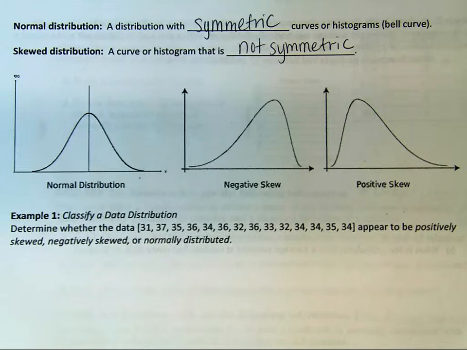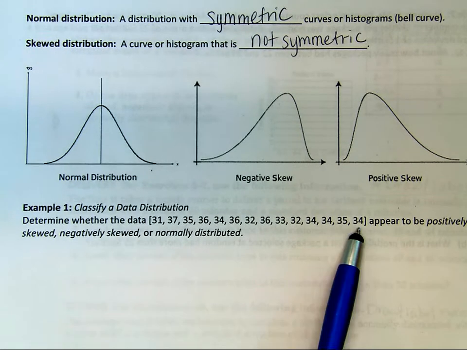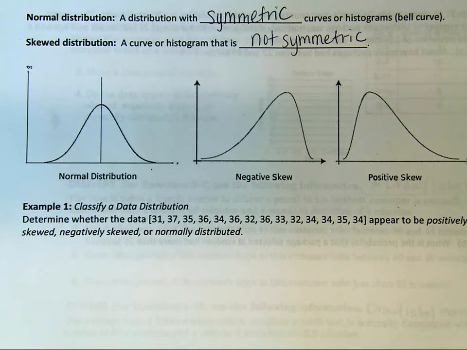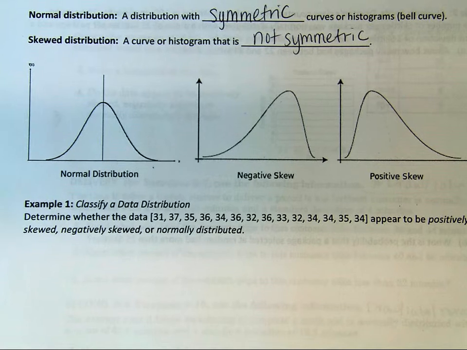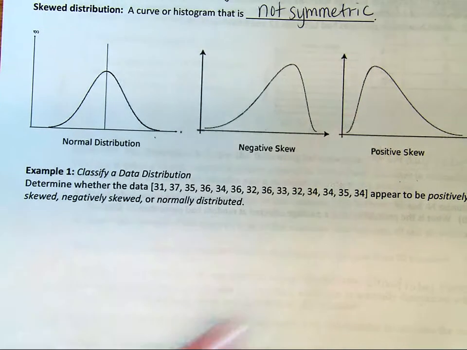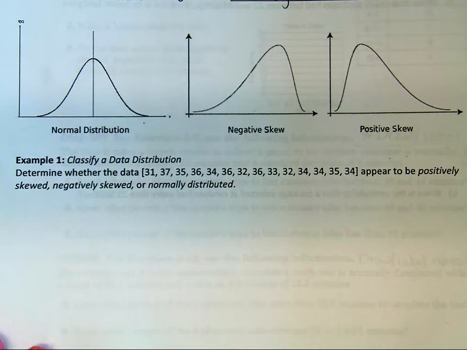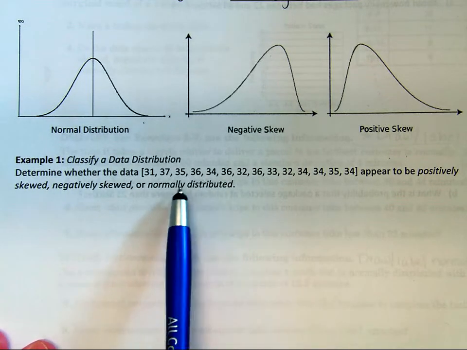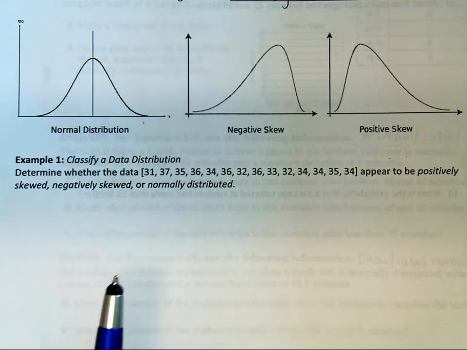So example 1 says, determine whether the data, all these values, appear to be positively skewed, negatively skewed, or normally distributed. So we want to see which of these three situations it's most like. Well, it's kind of hard to tell right now because it's just a bunch of values in no particular order. So I could graph these in any way, but I think the easiest way is to make a frequency table.